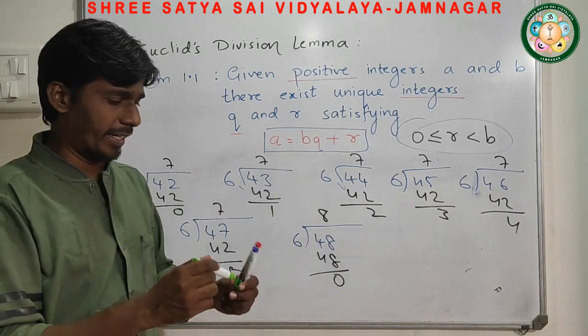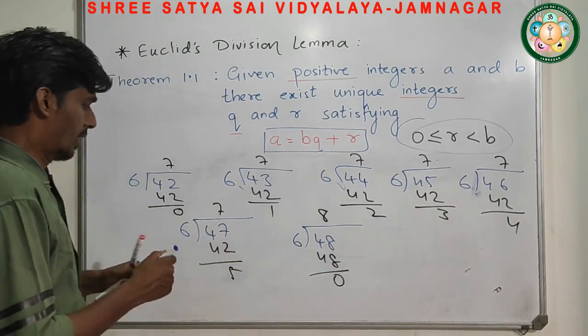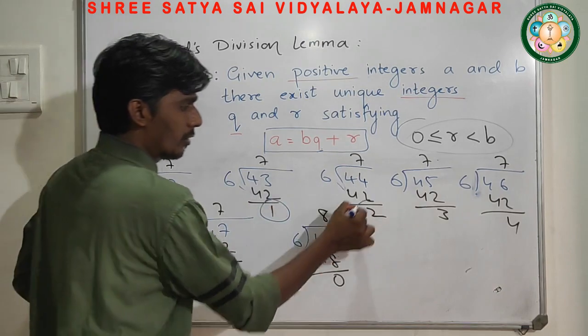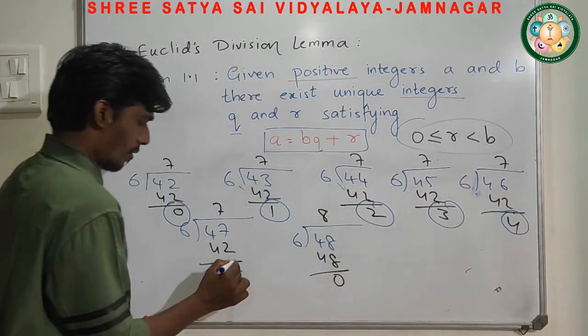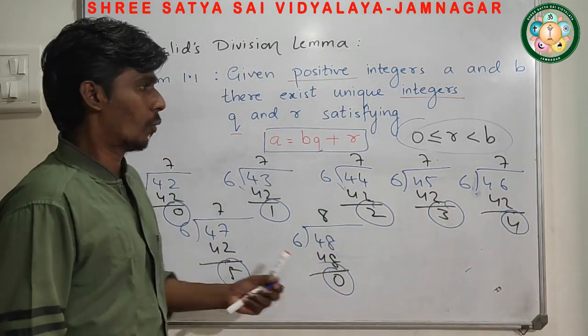If we look at all the remainders, they are 0, 1, 2, 3, 4, 5 and 0. What does it mean?